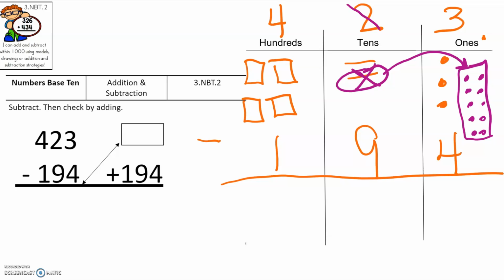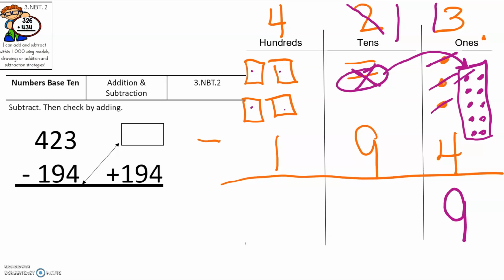So I've regrouped. I now have 4 hundreds, 1 ten, and 13 ones. I can now take away my 4 ones. Take away 1, 2, 3, 4, and that leaves me 1, 2, 3, 4, 5, 6, 7, 8, 9. It leaves me 9 ones.